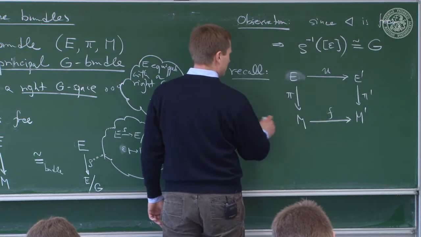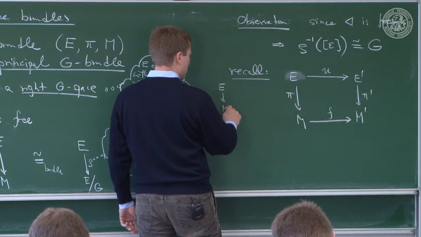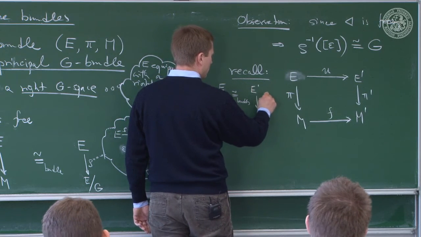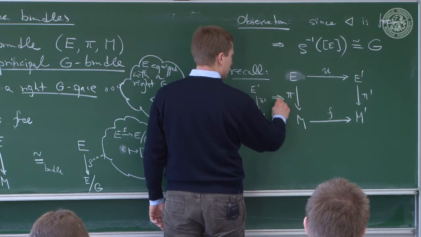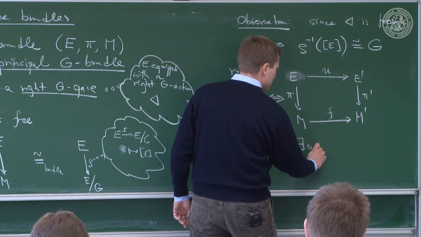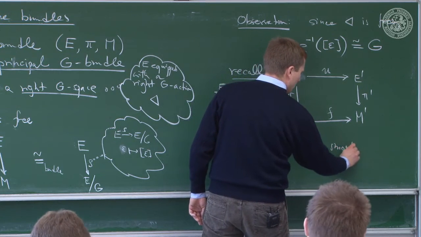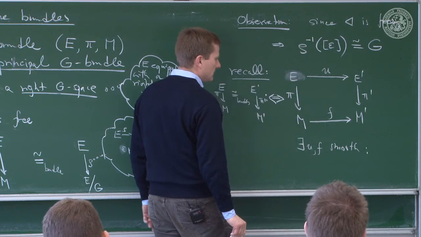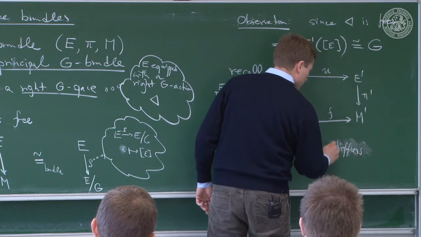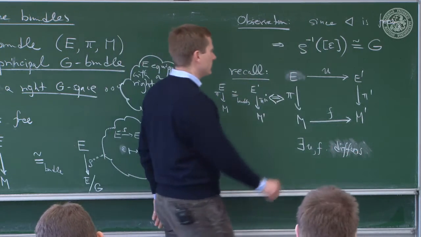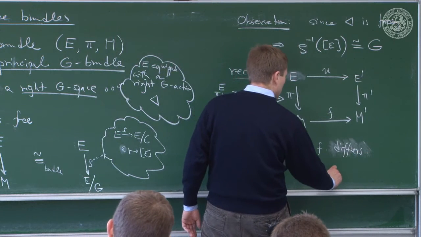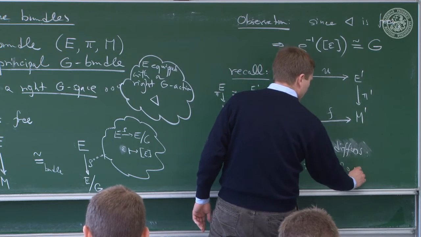So I should write E, pi, M isomorphic as bundles to E prime, pi prime, M prime, by definition, if and only if there exist smooth maps U and F, actually diffeos, smooth and invertible, you can go in both directions, such that pi prime after U is the same as F after pi.